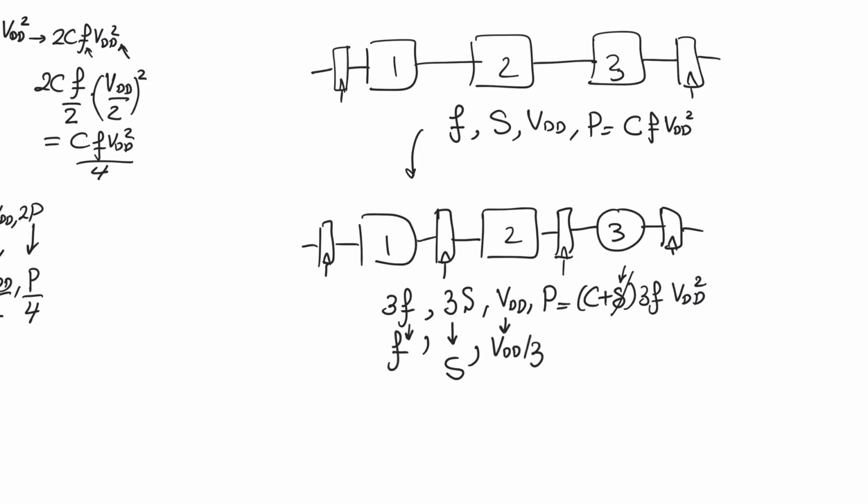If we check the value of power dissipation, it's going to be P equals C times F, because we reduced our operating frequency down to F, times VDD over 3 all squared, which means that power dissipation has reduced by a factor of 9, or 1 over 3 squared.